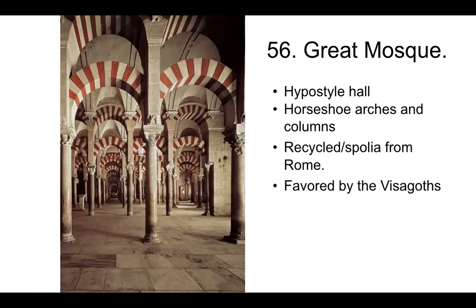One of the things you'll notice underneath the voussoirs, so the red and white blocks, is that we have these little columns. Those columns were spoils from Roman times. So they recycled and reused architectural structure from the Romans. And it wouldn't just have been the temple of Janus that was on the site, it would be other ruins of the area as well.